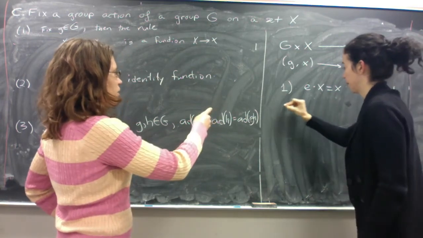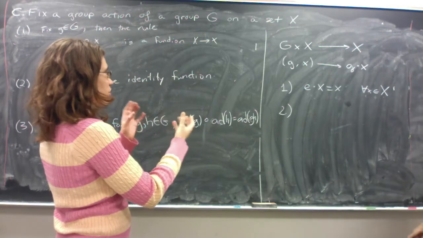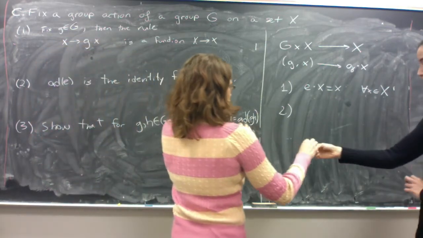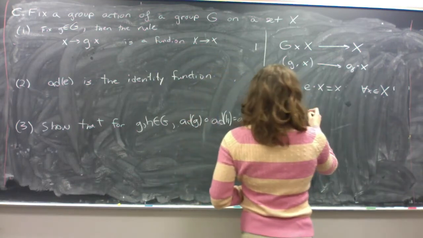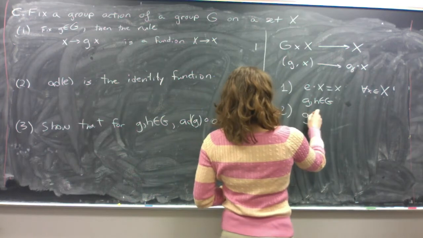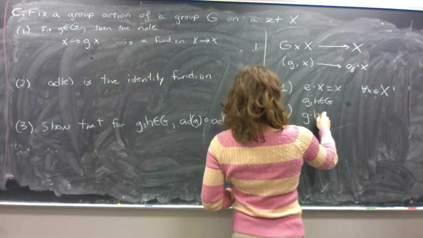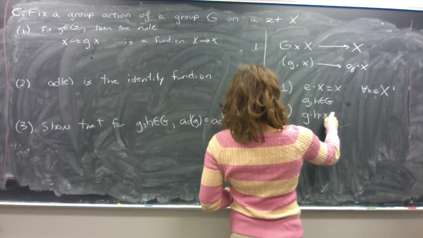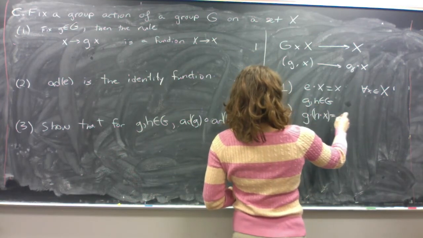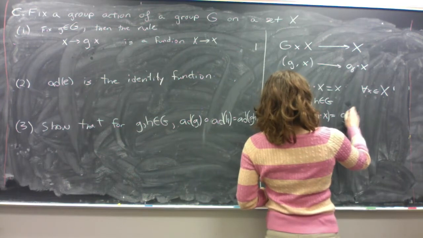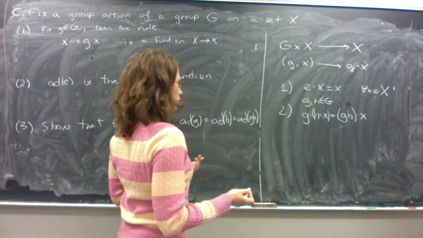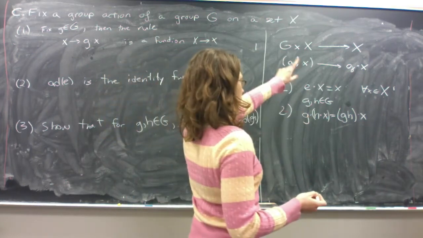And then the second one is like function composition. So if we have G and H in our group, then G dot (H dot X) is equal to (GH) dot X. So it's sort of like associativity, except X doesn't have to be an element of the group.